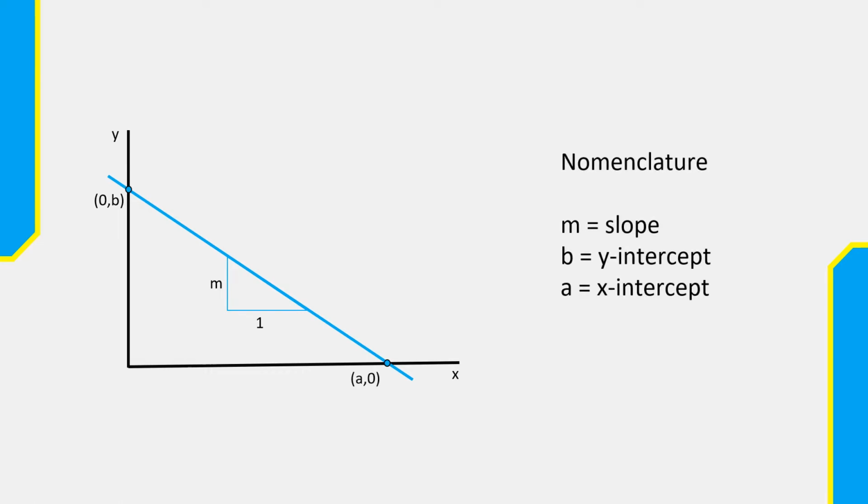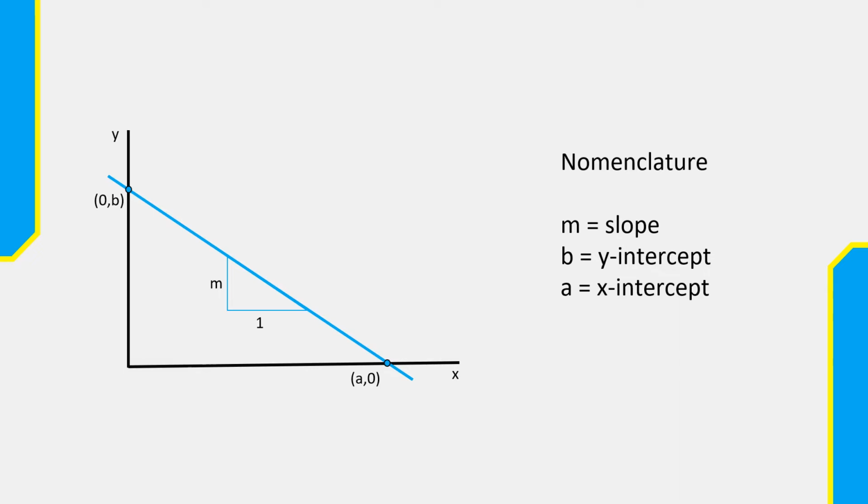Aside from the y-intercept being the variable b for when a line crosses the y-axis, we also have an x-intercept, which is the point on this line that crosses the x-axis. For this schematic in particular, it's crossing the positive x-axis, so the x-intercept has the value of a.